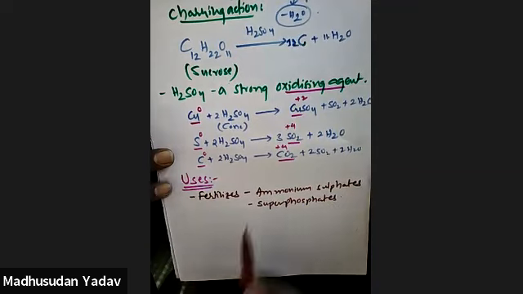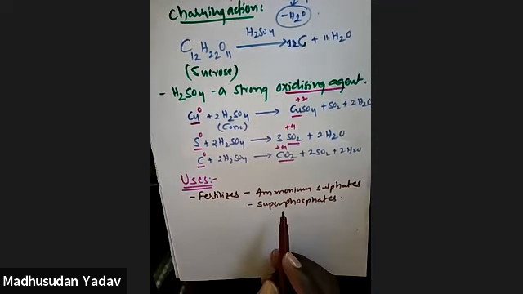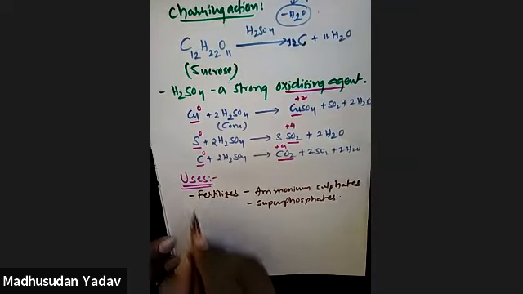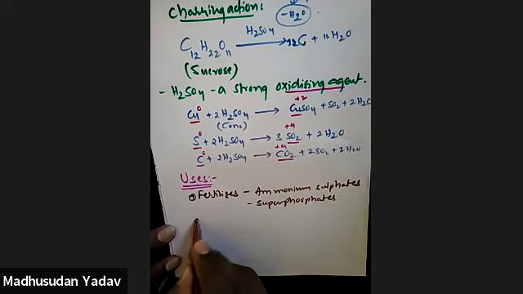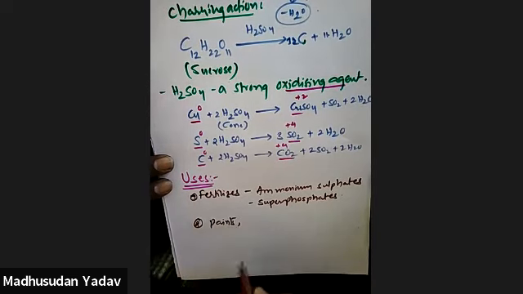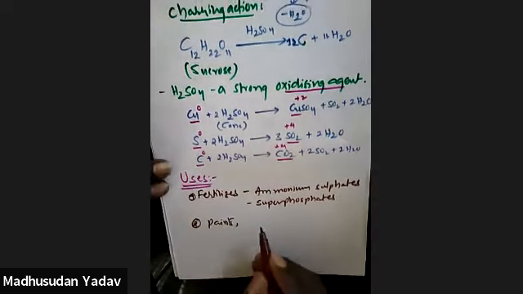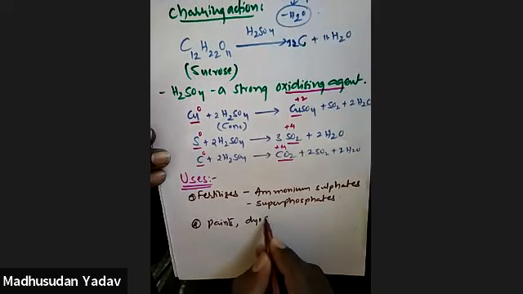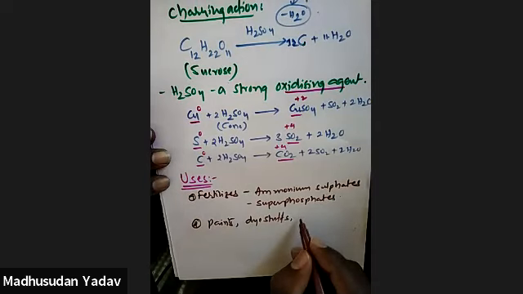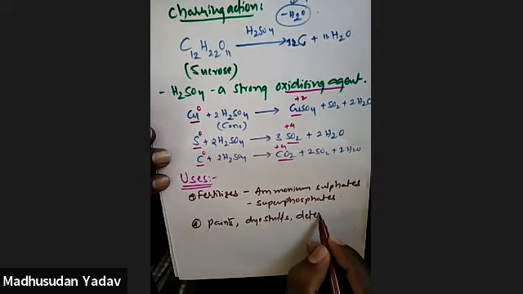So fertilizers like ammonium sulfates and superphosphates use sulfuric acid. The second use is in paints, dye stuffs, and even in the detergent industry.